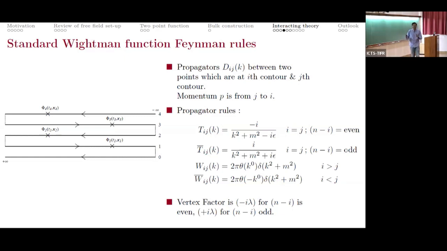So there are different prescriptions for the propagators: there can be a time-ordered propagator, an anti-time-ordered propagator, then a Wightman propagator, an anti-Wightman, and these kinds of things will happen. So these are the general rules. This is an already well-studied theory, Wightman functions in quantum field theory. But we need that to study the spatial infinity fields.